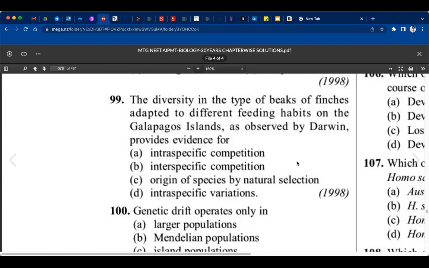So A or B could not be the answer. Intra means within the species, inter means between two species, but both are not the answer. Either it is intraspecific variations or C, origin of species by natural selection. So what do you think Darwin provides an evidence for through the finches?